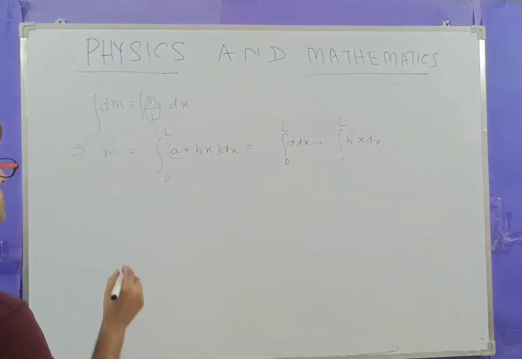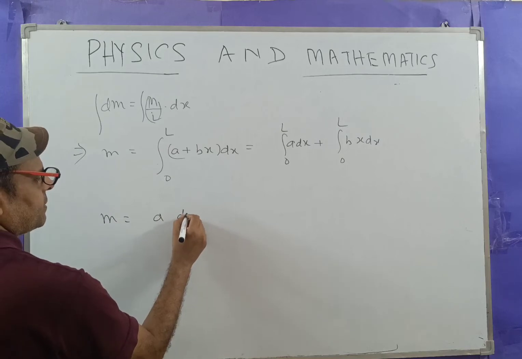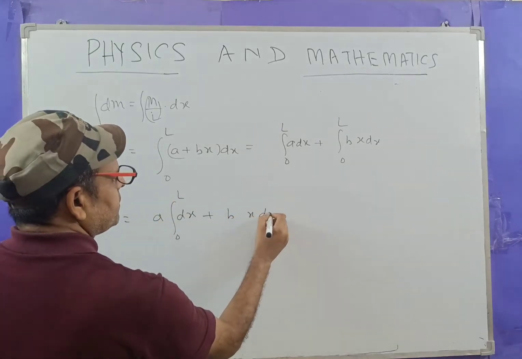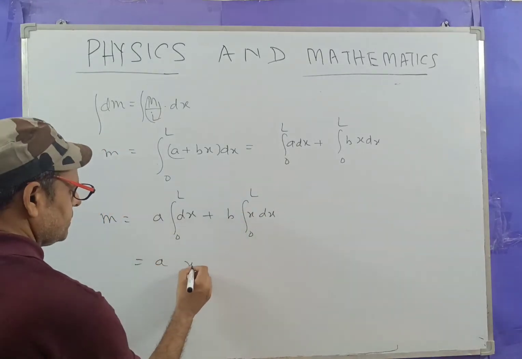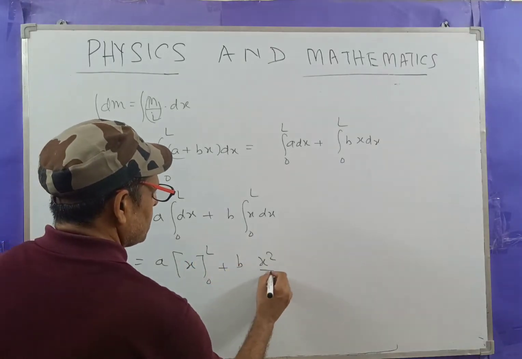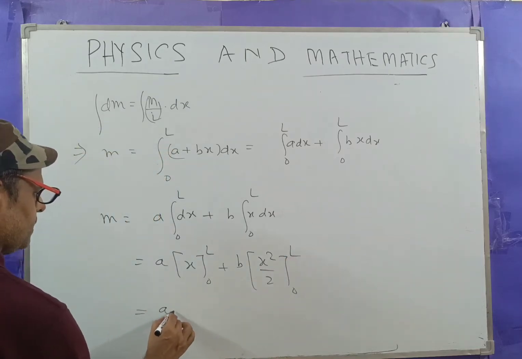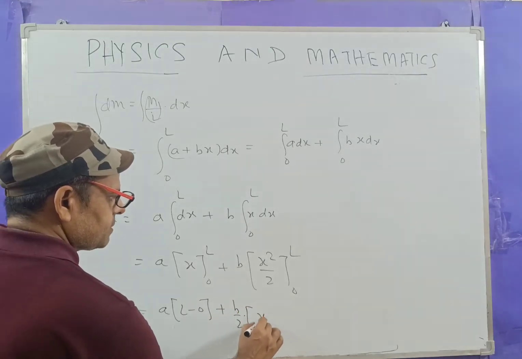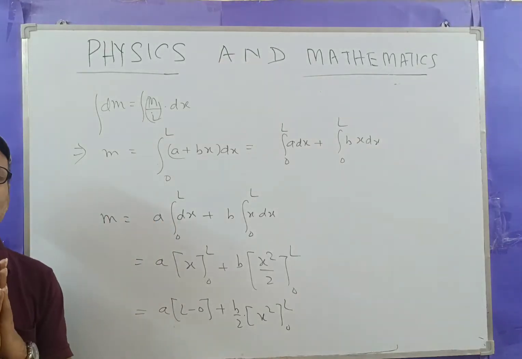Okay. So the value of integration, its value comes out to be mass m is equal to integral A dx from 0 to L plus Bx dx from 0 to L. Integration of A dx is Ax from 0 to L plus Bx square by 2 from 0 to L, that is AL minus 0 plus B by 2 x square from 0 to L. You know very well about integration.